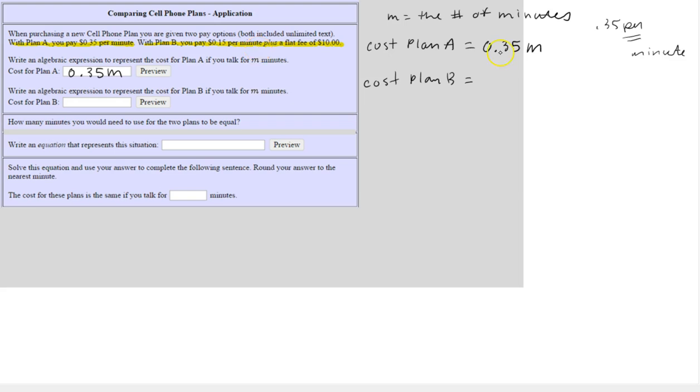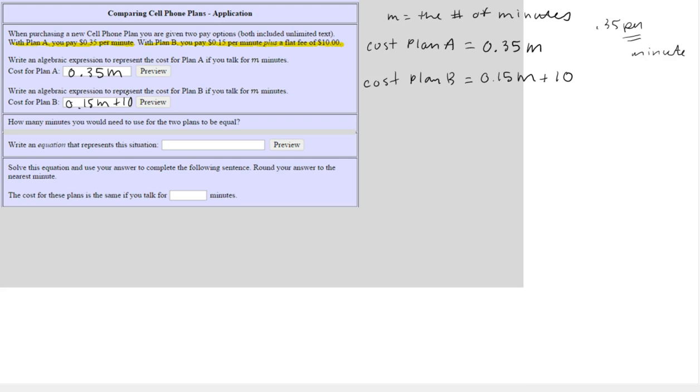So just like we multiplied the 35 cents times the number of minutes, we'd multiply the 15 cents times the number of minutes. Plus, this is a variable amount that depends on the number of minutes, but in this case we also have plus a flat fee of $10. So we're going to add 10 to this expression as well. So we have 0.15m plus 10.